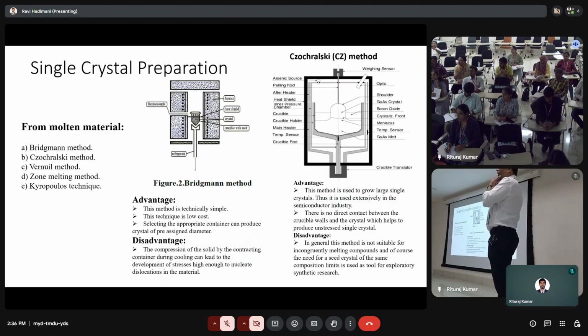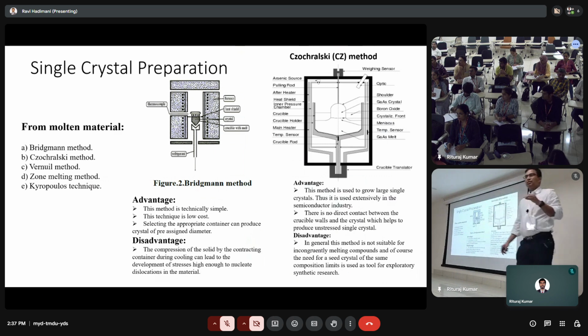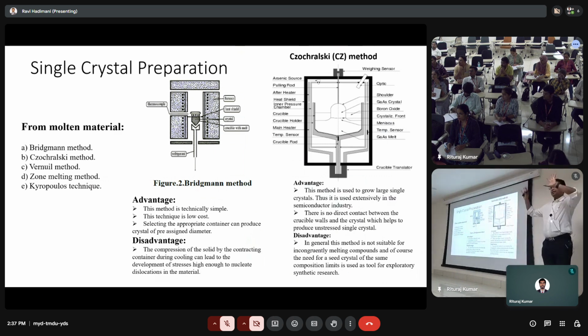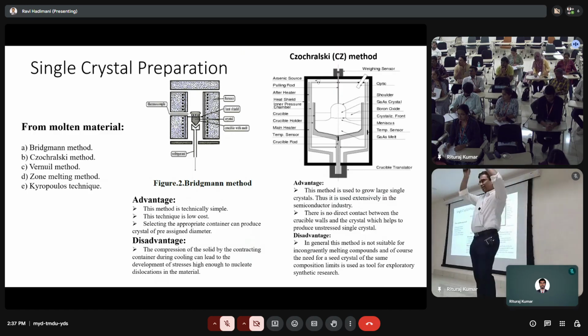And how does it translate to properties? As the name suggests, single crystal is one crystal, all aligned. Polycrystalline has smaller crystals, misaligned. But how does it translate to properties?